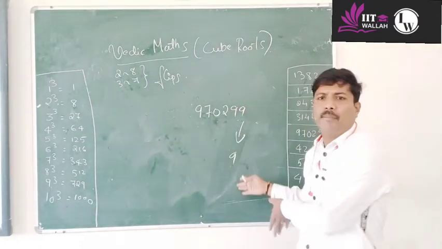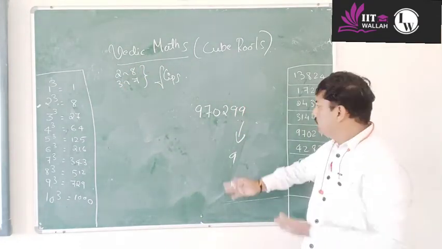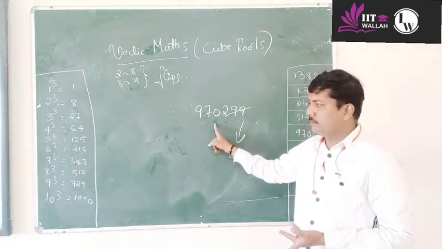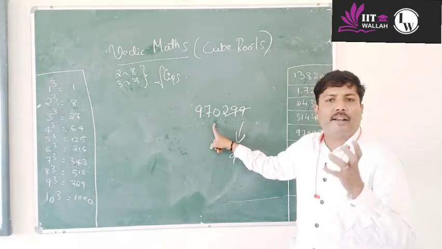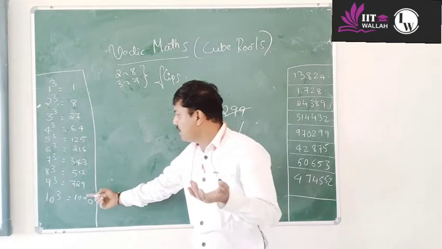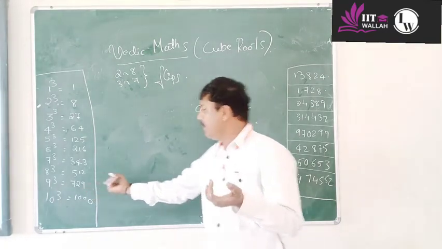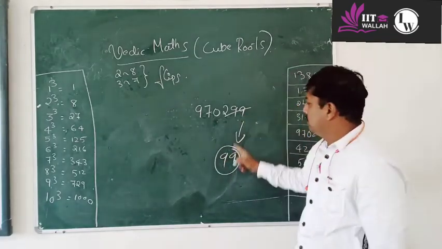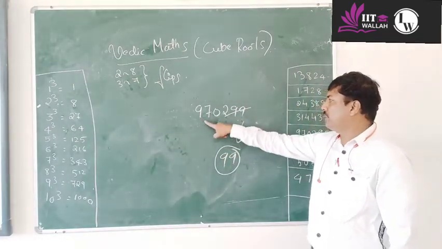All other numbers stay the same. And cut the first 3 digits. The remaining number is 970. Which perfect cube is nearby 970, below 970? It is 729, so its cube root is 9. So 99 is the cube root of this big number.